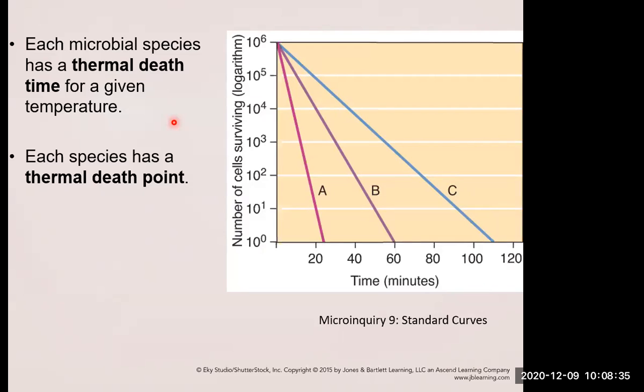And then related to that, we have the thermal death point, which is the lowest temperature required to kill organisms in 10 minutes. So for thermal death time, we have a specific temperature: what is the lowest amount of time to kill microbes? Thermal death point refers to the temperature used to kill microbes in 10 minutes.